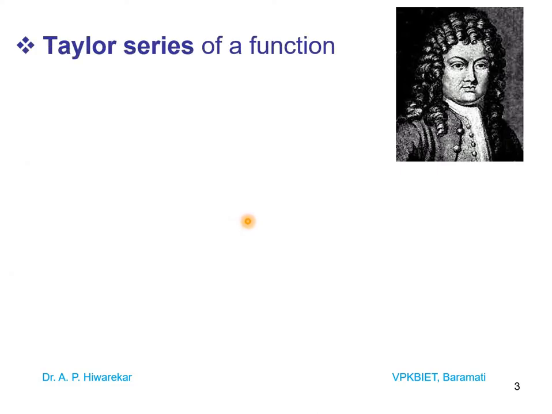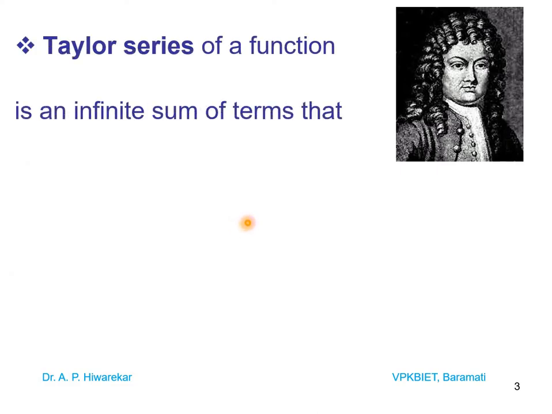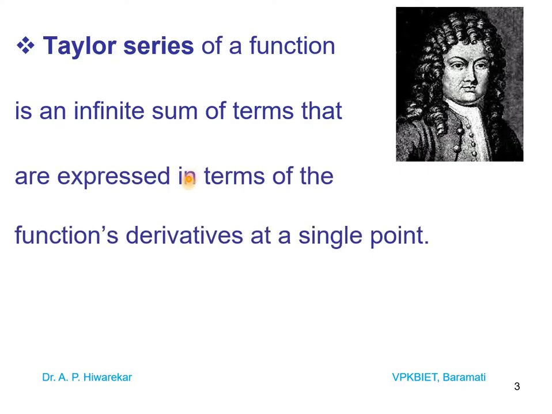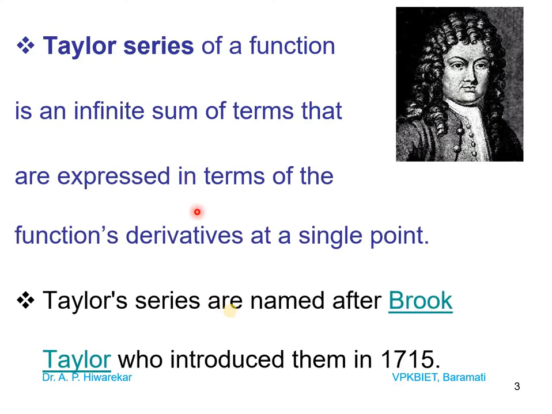So Taylor series was developed by the great mathematician Taylor, and it is an expansion of a function in terms of an infinite series. And Taylor series is named, obviously, after the invention by Brook Taylor in 1715, and this is a photograph of this particular mathematician Taylor.